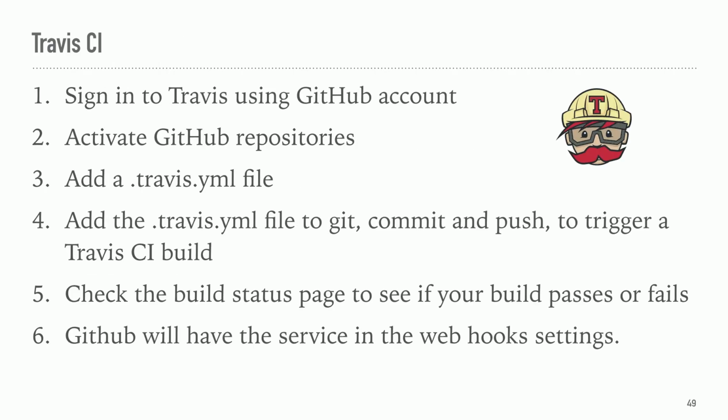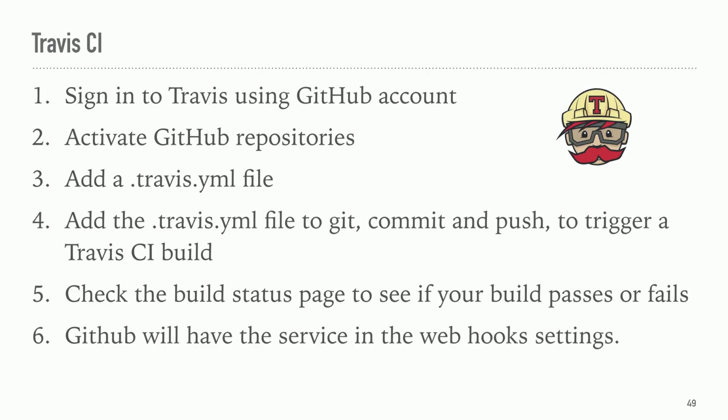You would sign into Travis using a GitHub account, linking those. You would select the GitHub repositories that you want to activate there. You would need a Travis YML configuration file, so Travis knows exactly what you expect from it.